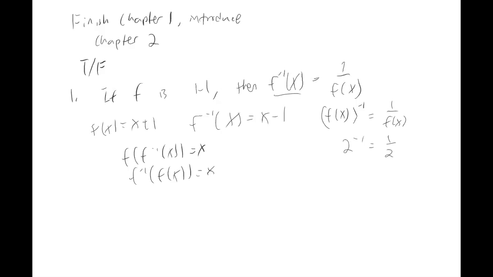Okay, so just gotta clear some stuff up. If 0 is less than a, less than b, so a and b are positive, then ln of a is less than ln of b.